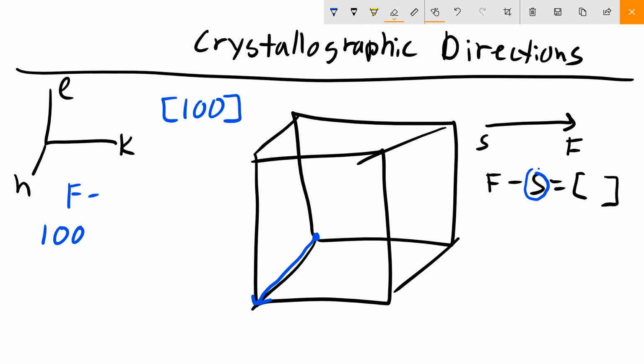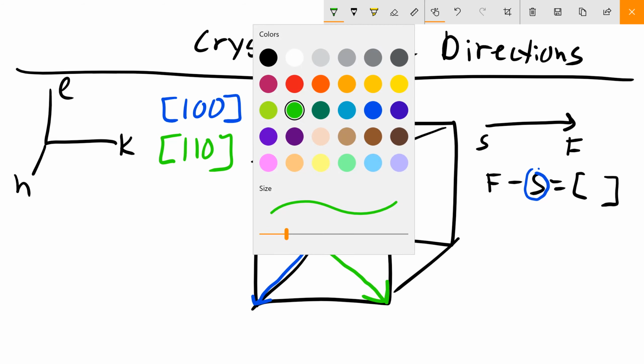So let's do a couple more. Let's draw [110]. This one we could still do the same thing and start from our origin. Nice and simple, straightforward. And the [110] would just be like this. Excellent. So what if I have a negative number here?